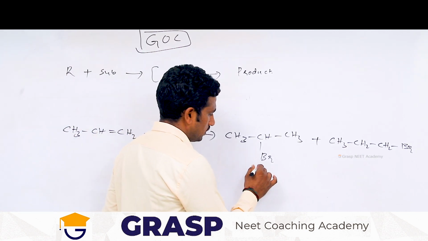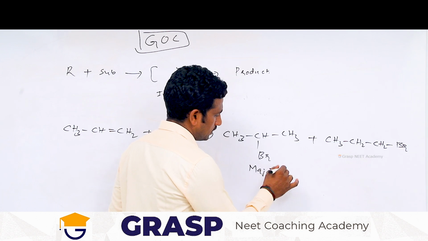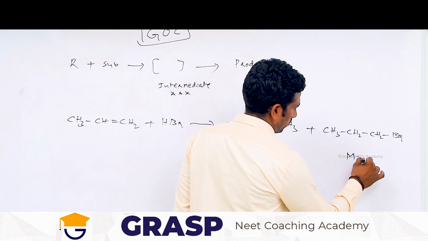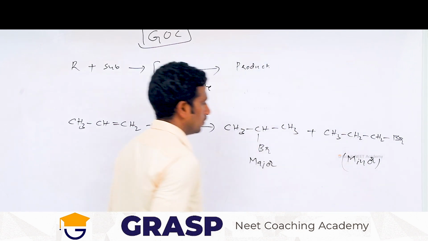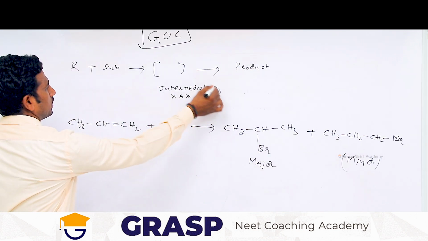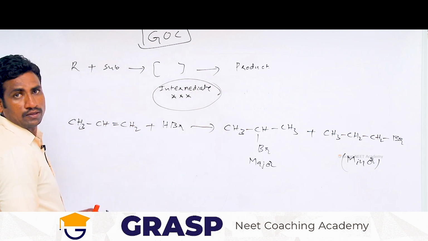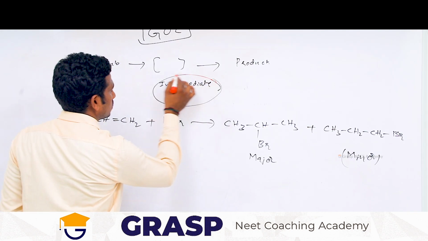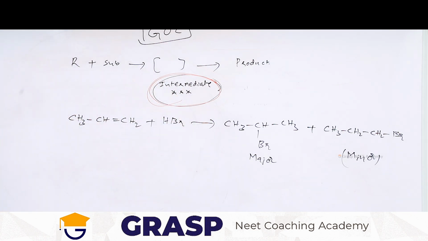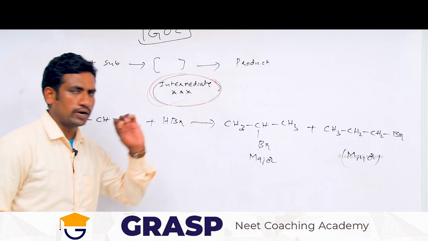I will write that the first is the major product, and the second is the minor product. Why is it the major? Why is it the minor? Based on the stability of the intermediate. If the intermediate stability is more, you get more product.